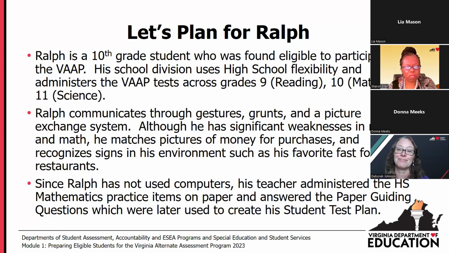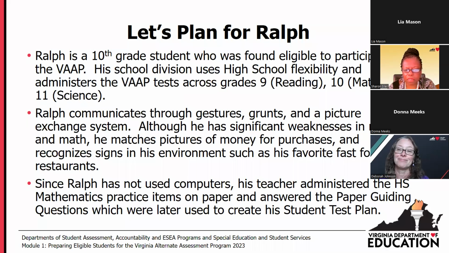When we look at Ralph, the way he communicates, you'll remember that he is a nonverbal student, that he communicates primarily through gestures, making noises or grunts, but he also uses a picture exchange system. That's valuable information that we can translate into the development of Ralph's plan.